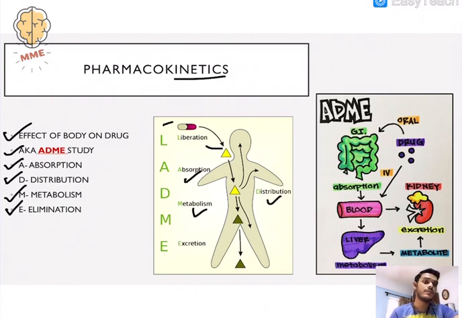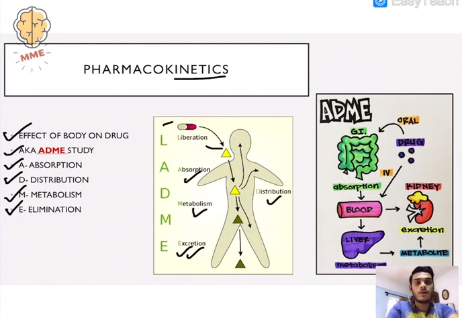And once all its action is done, the drugs are also excreted, sometimes without being metabolized. It is finally let out of our body via excretion. So this entire cycle of a drug after it enters our body, and it is absorbed, metabolized, distributed, and eliminated is known as pharmacokinetics. Okay.